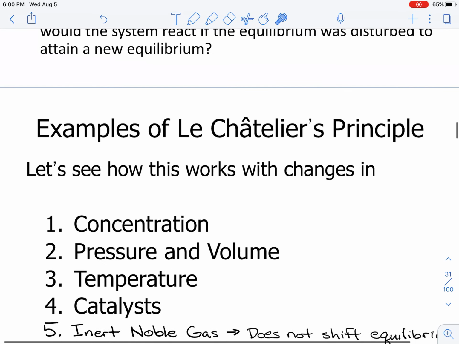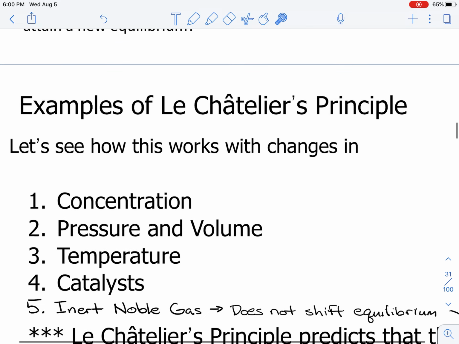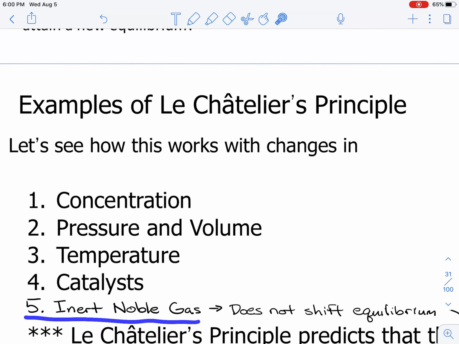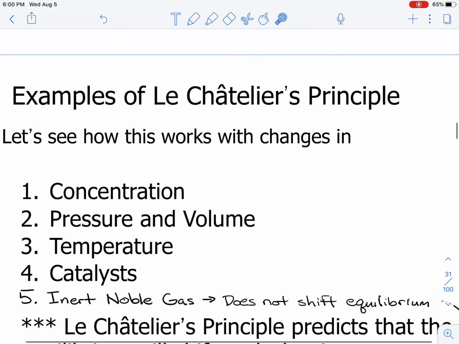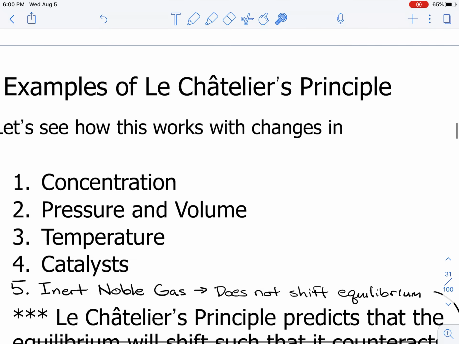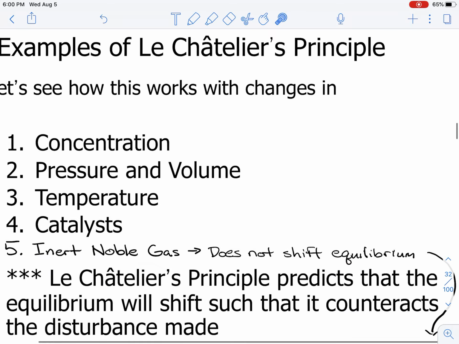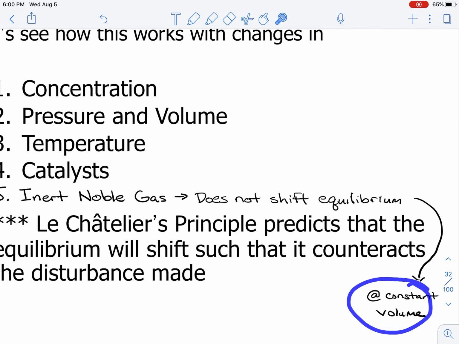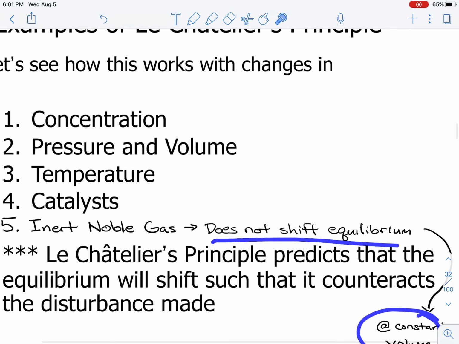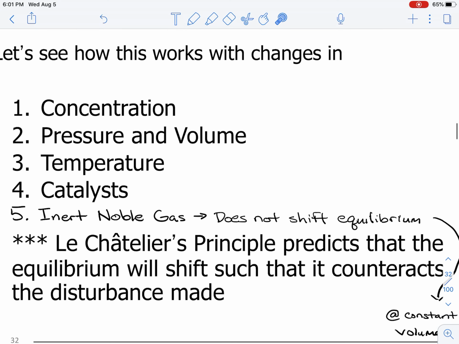Now there is a fifth stress, and that is the addition of an inert noble gas. I'm not going to discuss this stress all too much. I'm just going to give you the outcome. In other words, it does not shift. Adding an inert noble gas to a system under constant volume will not shift the equilibrium one way or another.